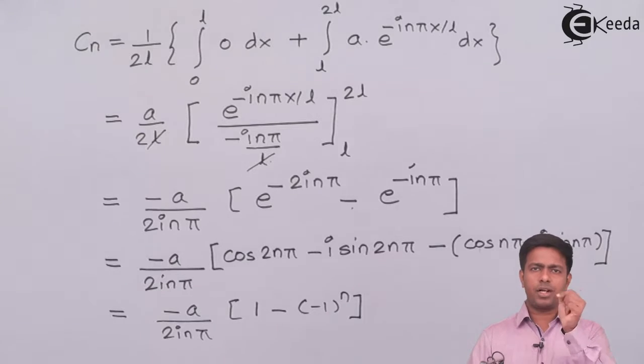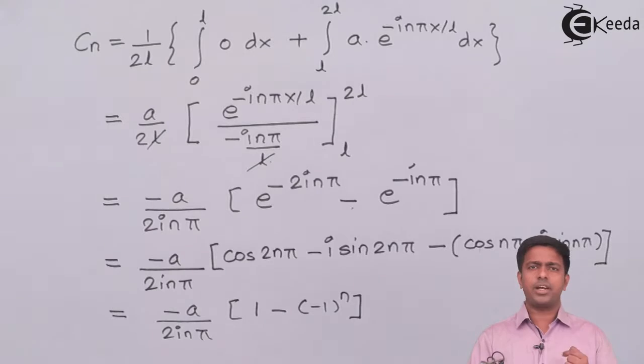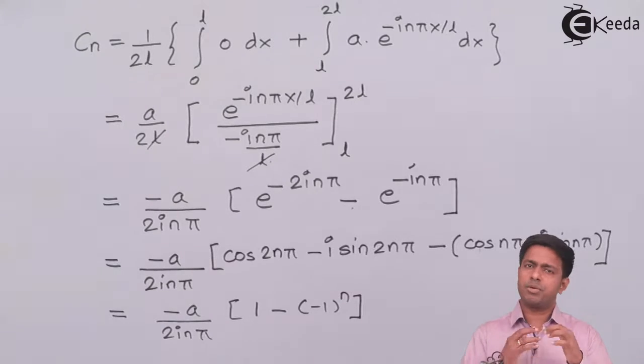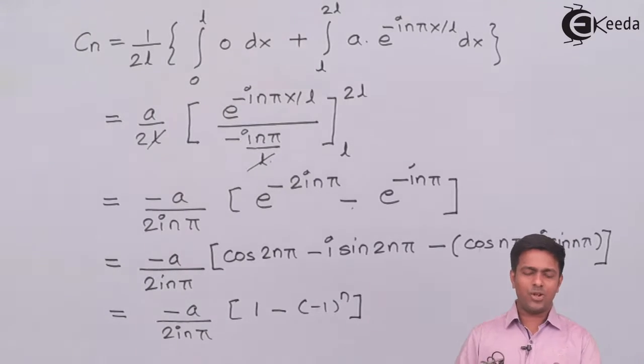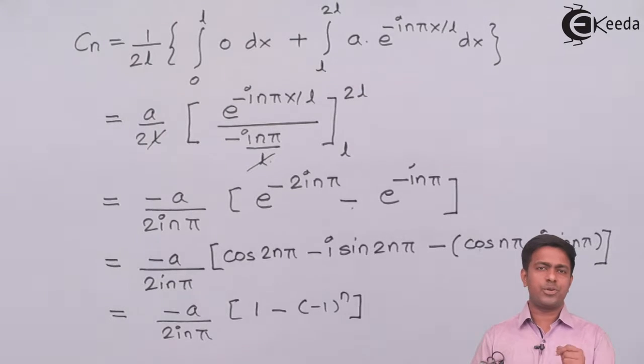So when n becomes 0, in the denominator we have n, and this will become 0. And we know that in mathematics, whenever the denominator becomes 0, our answer becomes infinity. So it means the value of Cn will be infinite at n equal to 0.